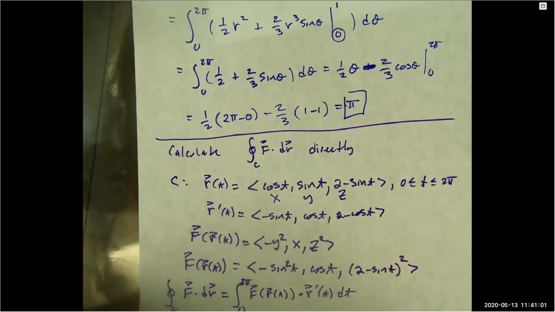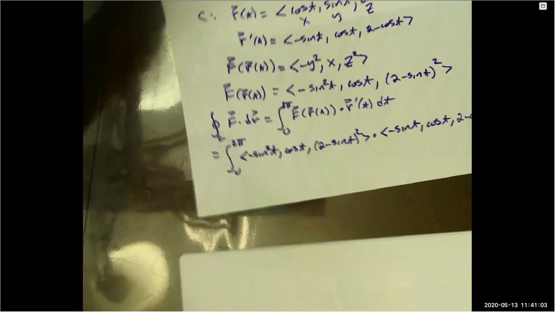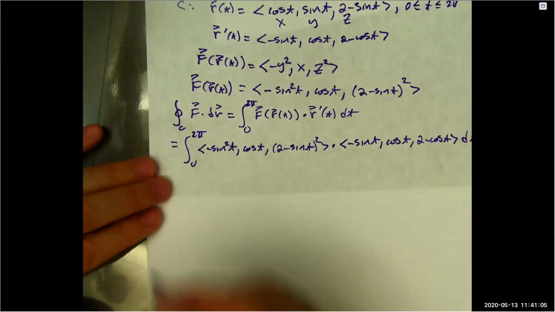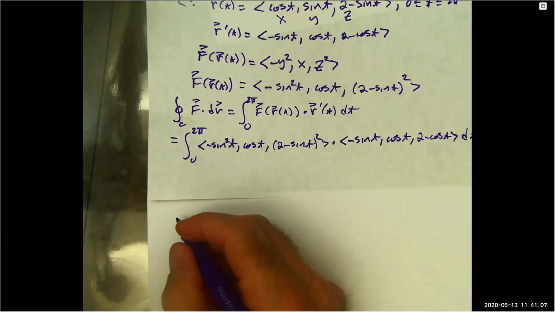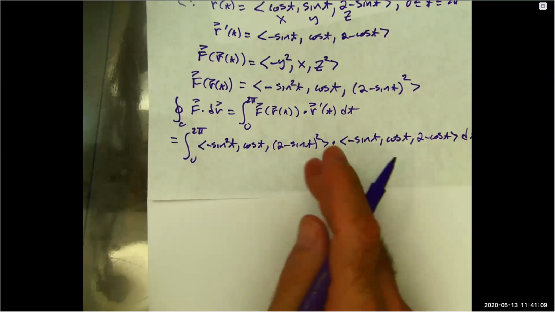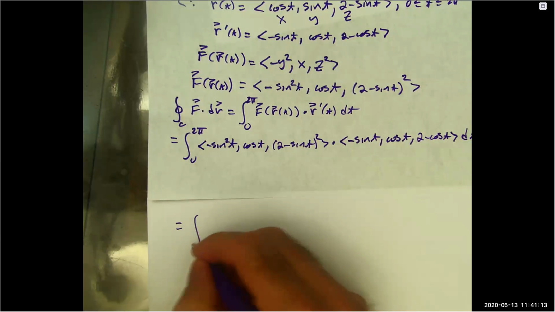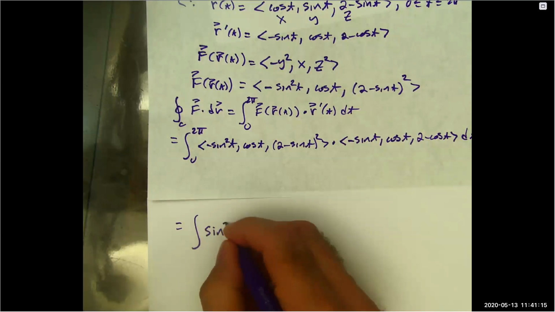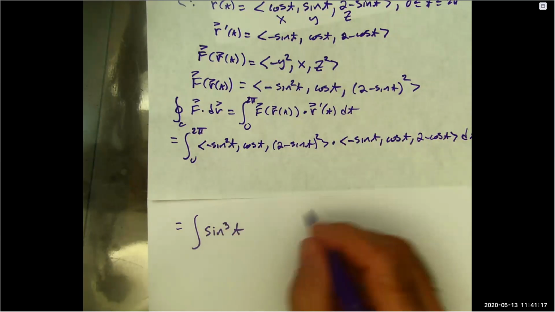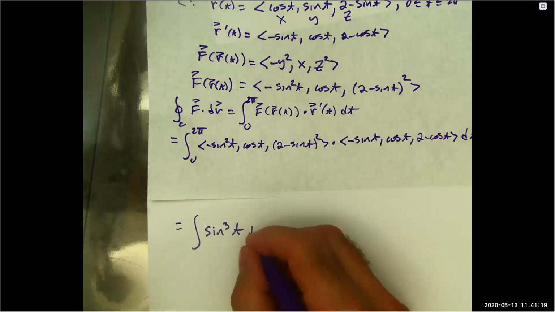And so we need to do this calculation here. When I multiply this out, I'm going to have sine cubed plus cosine squared.